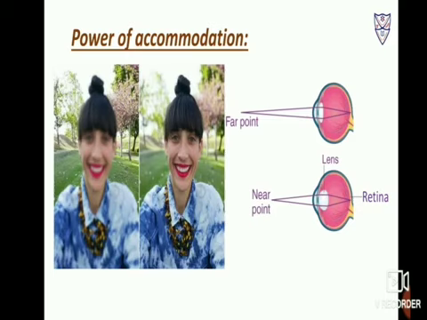The minimum distance at which the eye can see an object very clearly without strain is called the near point of the eye. The most comfortable distance at which one can see an object with a normal eye is about 25 centimeter. In other words, the near point is about 25 centimeter.